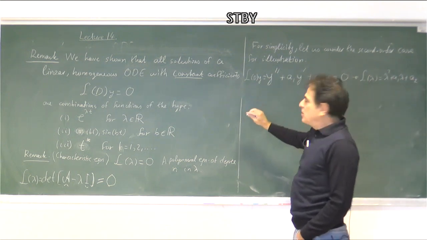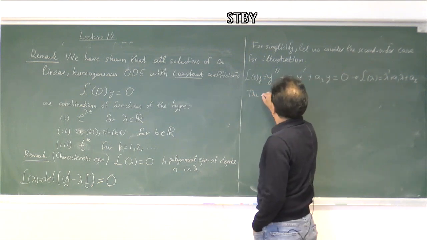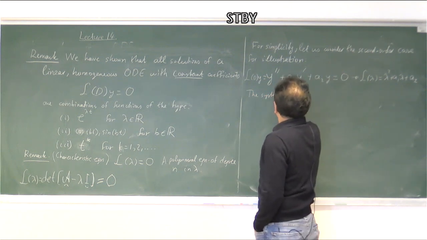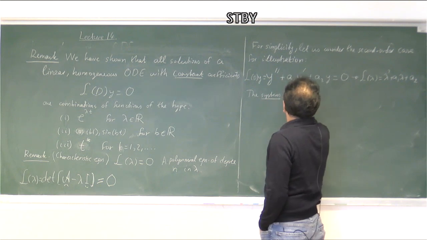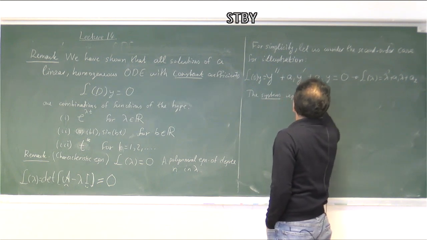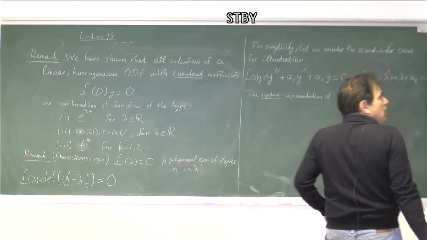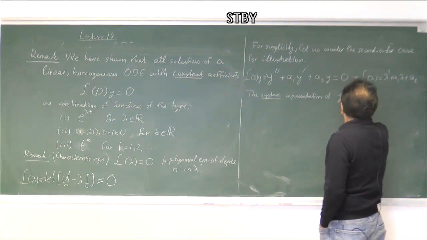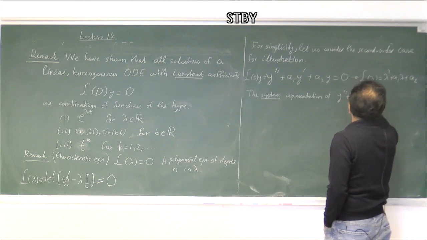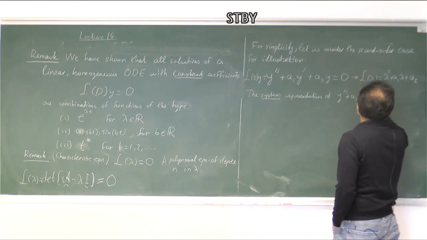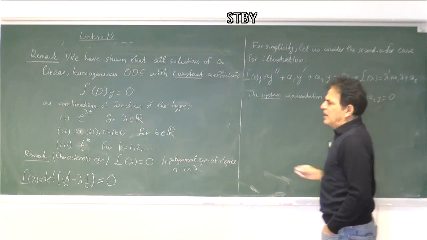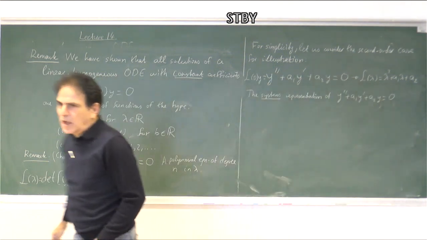Now, the system representation of y double prime plus A1 y prime plus A2 y. I'm not going into the details. We did it several times.